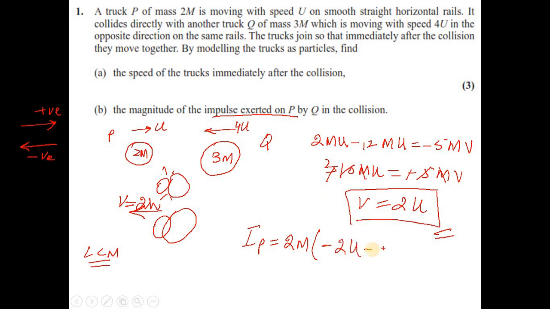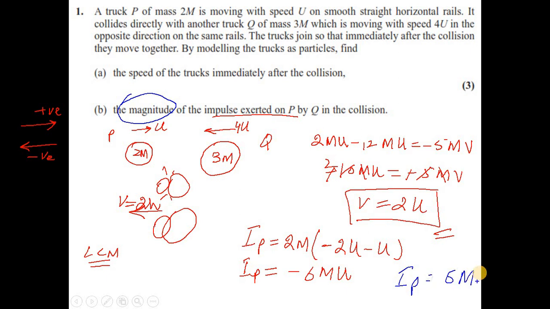Initial velocity was u, so overall it will be minus 2u minus u, that is minus 3u, multiplied by 2m, so minus 6mu. This is impulse with direction, but we are interested only in magnitude, so impulse on P would be 6mu. That's how you can figure out the impulse.